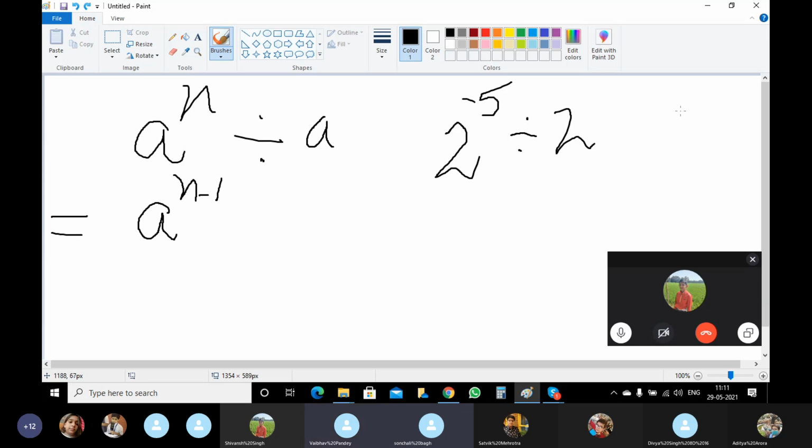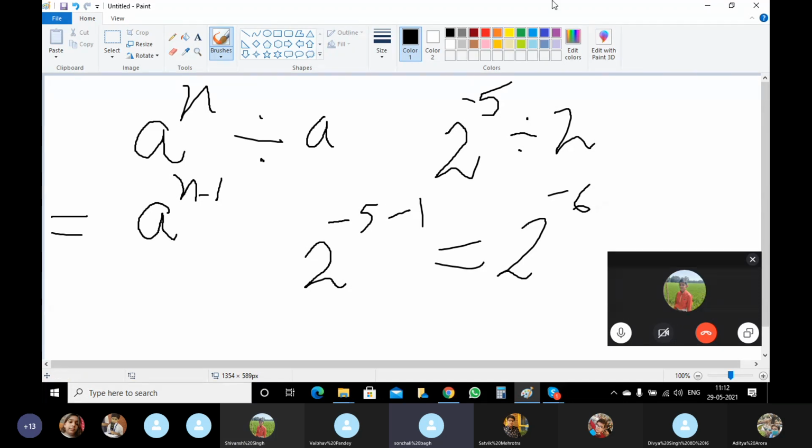So it will be 2 to the power minus 5 divided by 2, that is minus 1. n is minus 5, minus 1 is written. So the answer will be 2 to the power minus 6. Am I clear? Yes, ma'am.